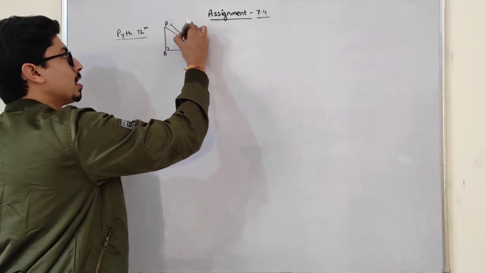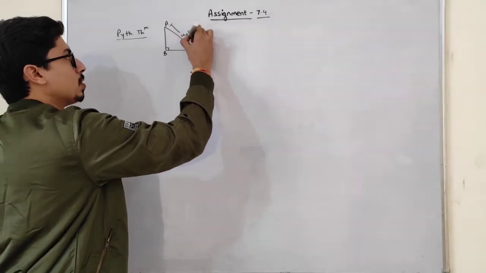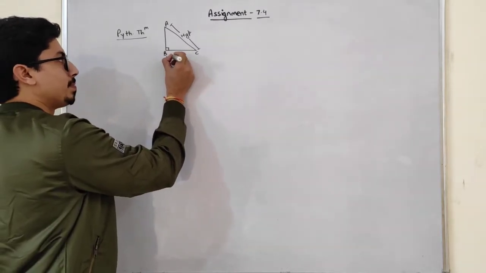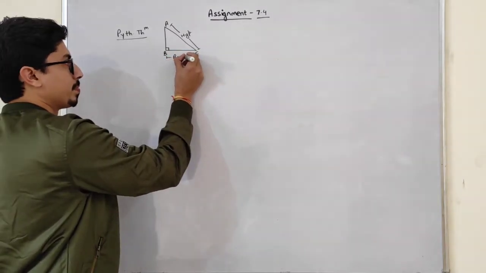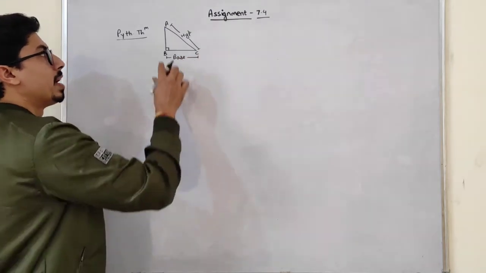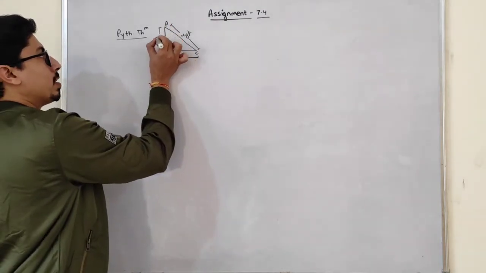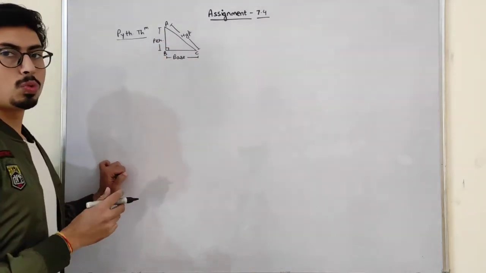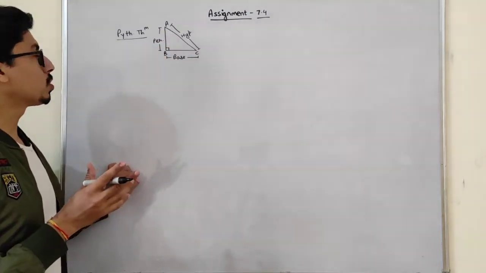So this is the hypotenuse. This is the base, and this is the perpendicular.